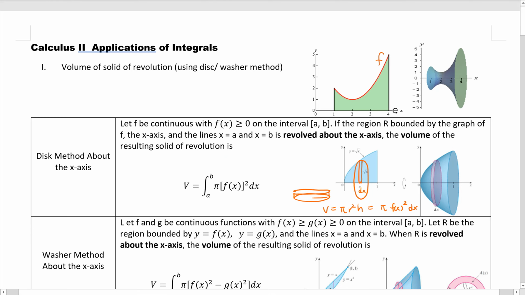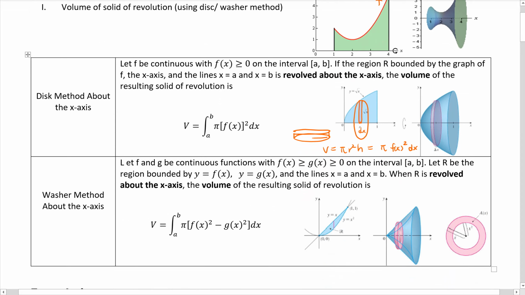We also have the washer method. If we have two continuous functions, f and g, with f greater than or equal to g, greater than or equal to 0 on the interval a to b, let R be the region bounded by f and g and the lines x equals a and x equals b. When R is revolved about the x-axis, we can draw a small rectangle and imagine what happens when we rotate it.